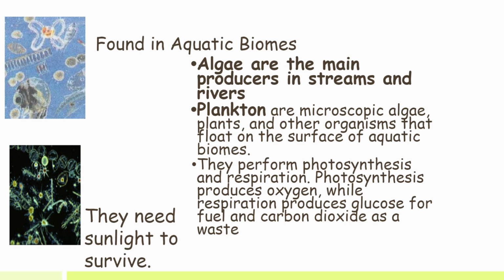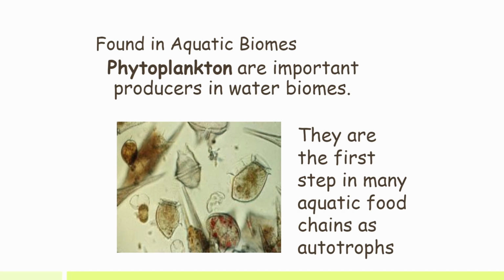So we see photosynthesis and cellular respiration occur even in organisms found in aquatic biomes. But they need sunlight to survive, because since they can perform photosynthesis, they are considered producers. Phytoplankton are very important producers in water biomes, and generally they're the first step. Again, they're the autotrophs in a lot of aquatic food chains.